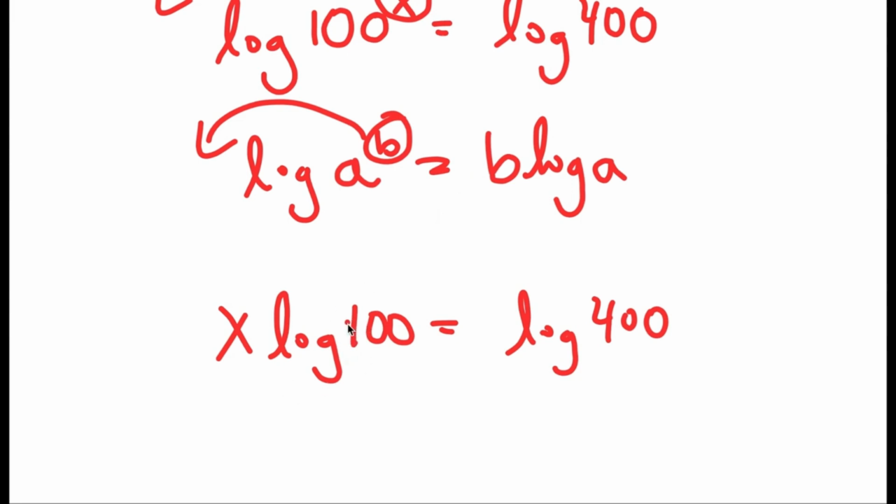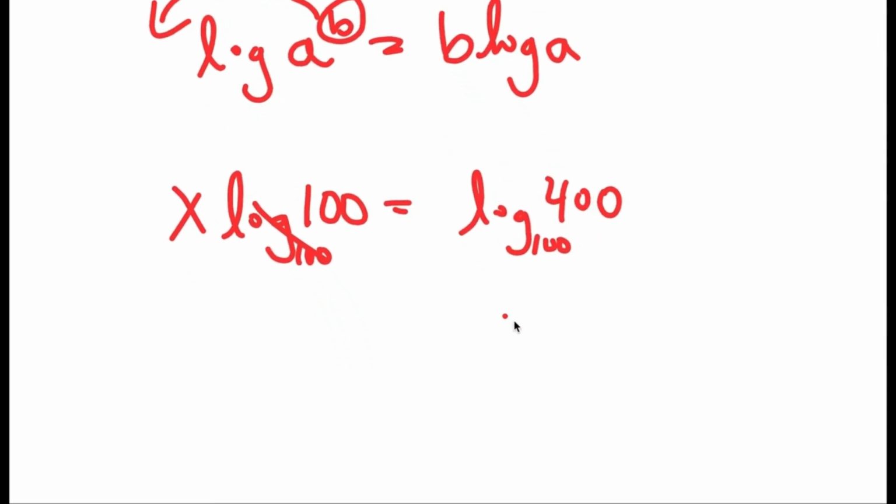Now, I'm going to take the log of base 100. So log base 100 of 100 is just 1. And log base 100 of 400, well, 400 is the same thing as 100 times 4.